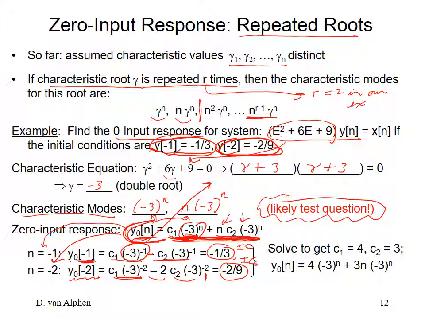The -3 to the -1, that's the reciprocal of -3, so that's -1/3. Similarly down here, the -3 to the -2nd is going to be the square of whatever we had for -3 to the -1st. So that becomes 1/9, right?